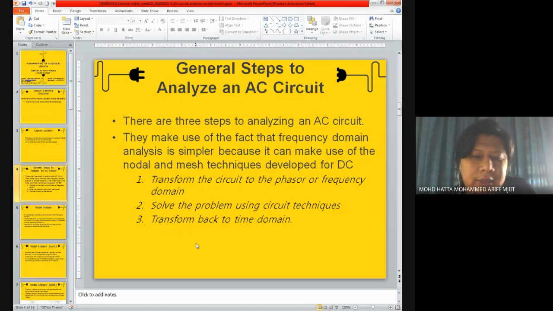That's when you transform your answer back into time domain quantities. If not, you can leave your answer in frequency domain values, because it's understood that the problem is solved, only that it is represented in frequency domain values.